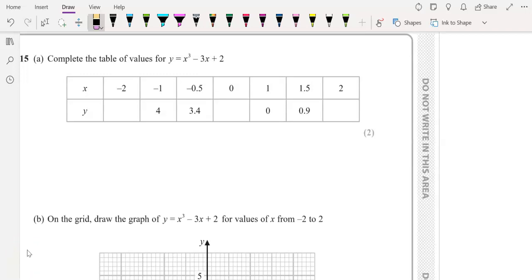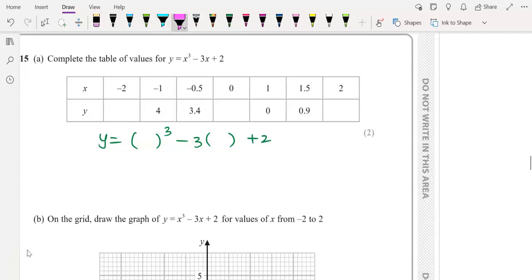The question says to complete the table of values for y equals x cube minus 3x plus 2. So the three values we need to find are the corresponding values of y. The first one is when x equals minus 2.